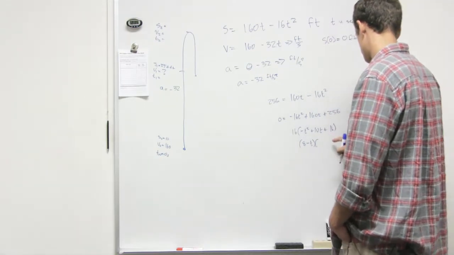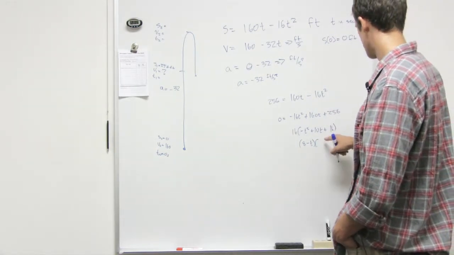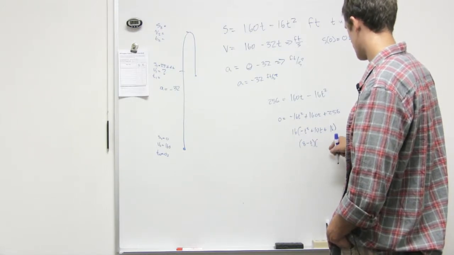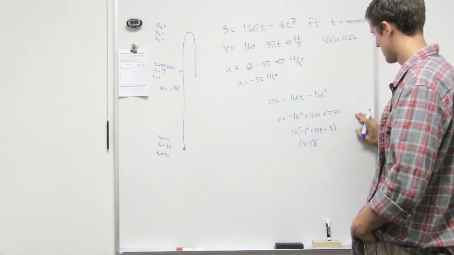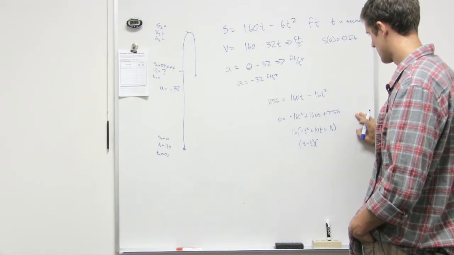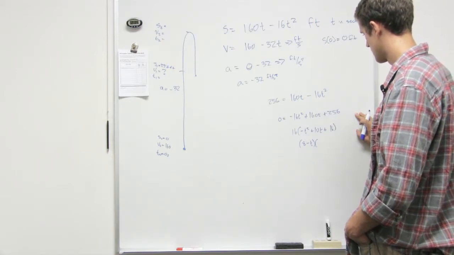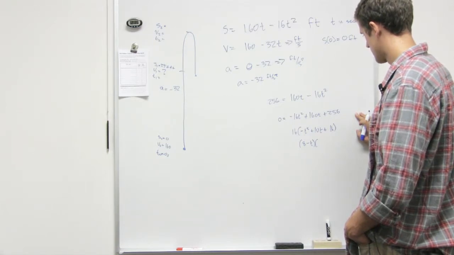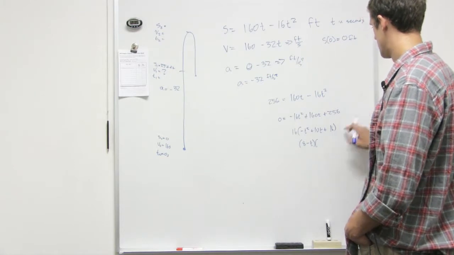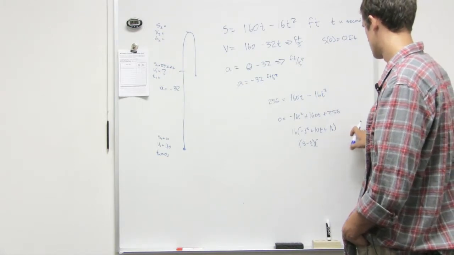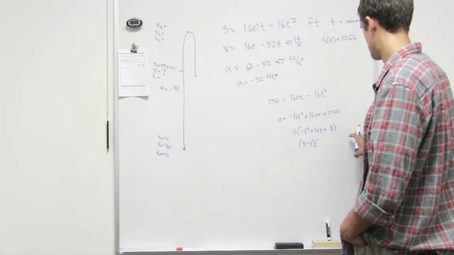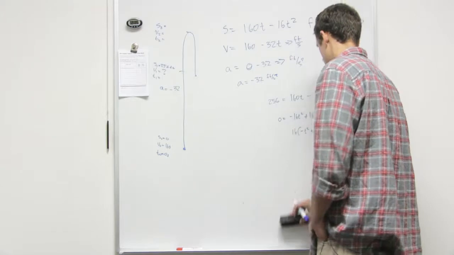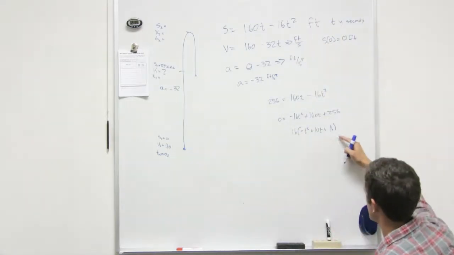Oh, no. Nope. Yeah, so you could say 8 minus t. No, that doesn't work, does it? Negative 16 times t squared. I'm just trying to figure out how we factor this out.